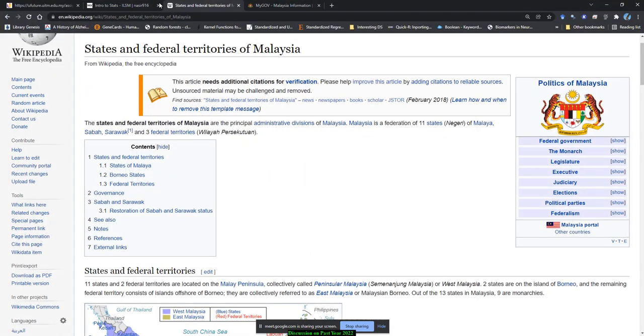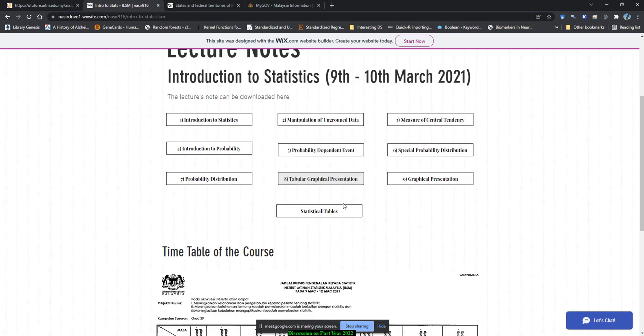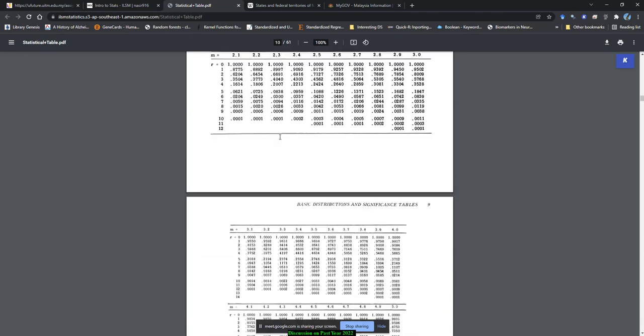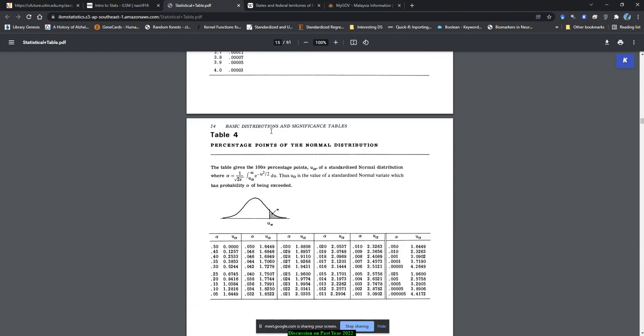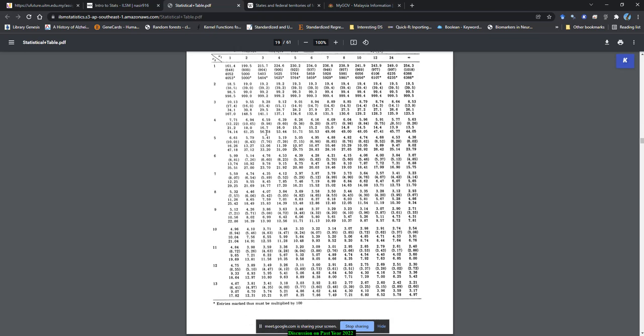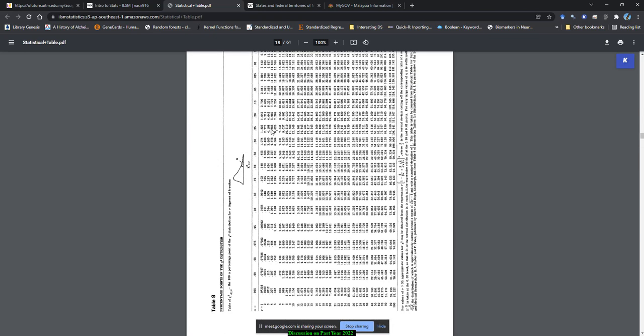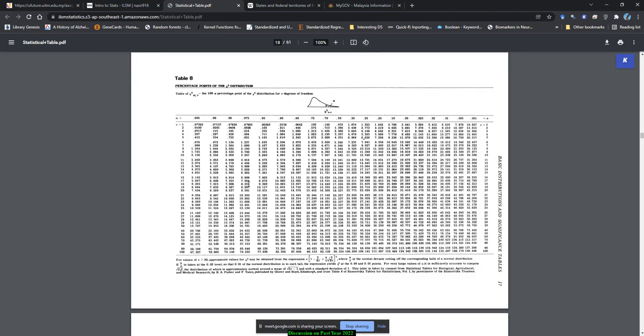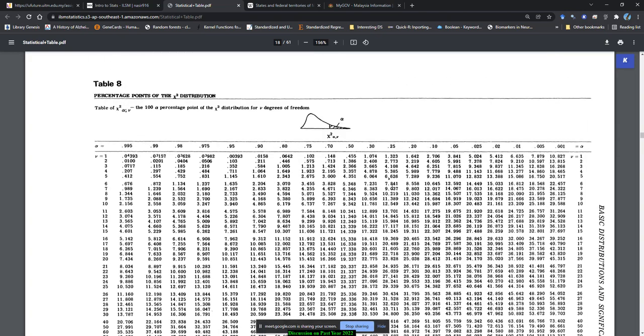Where is the chi-squared table? Right, chi-squared. Let's look at the chi-squared table quickly. Yep, this is the chi-squared table. Chi-squared 0.10 alpha, this is alpha, 0.10 is here, and the degree of freedom is 2, so 4.605.